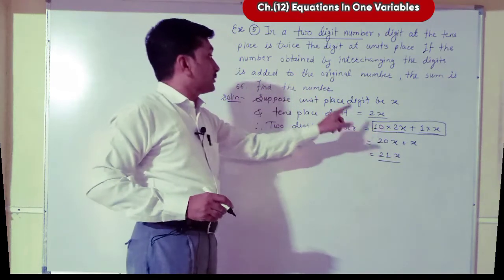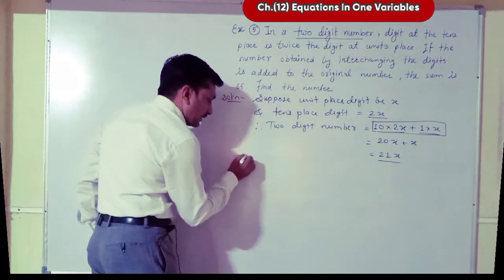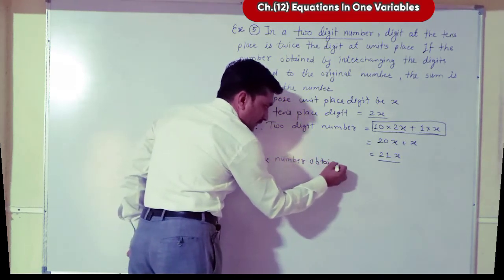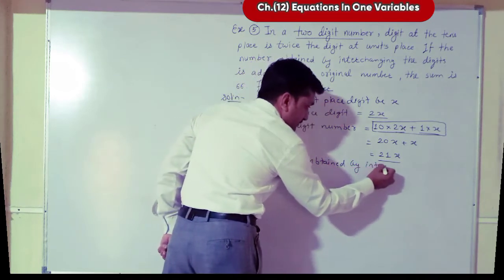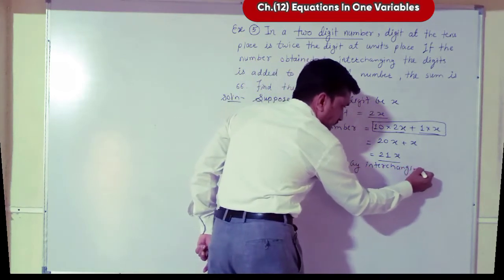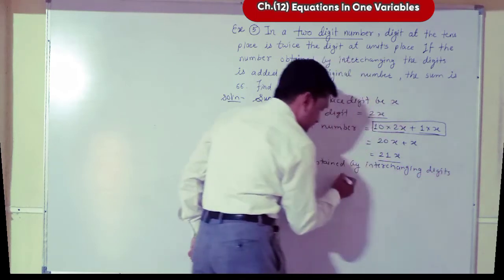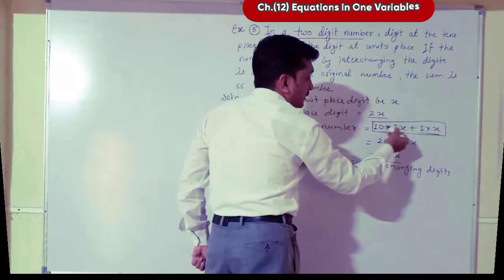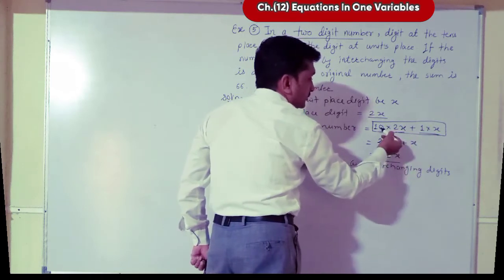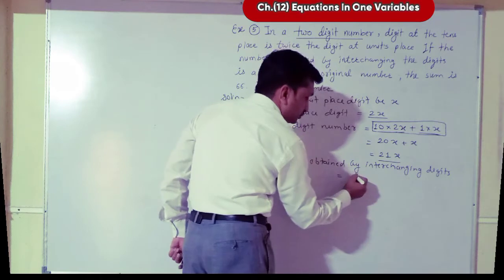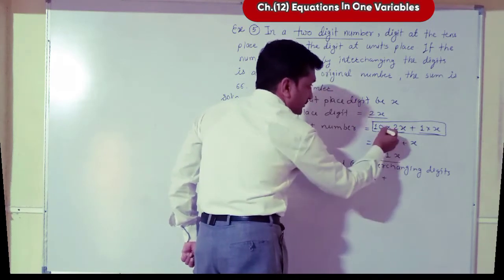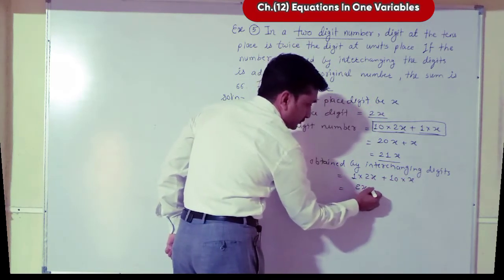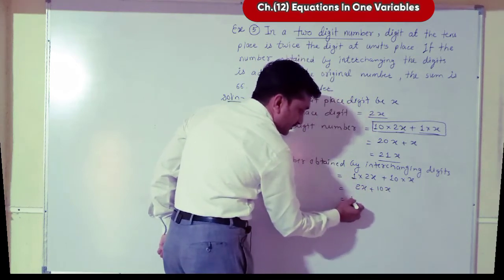The number obtained by interchanging the digits: 10 will go here, 1 will come here, so 1 into 2x plus 10 into x, that is 2x plus 10x, and if we add, it is 12x.